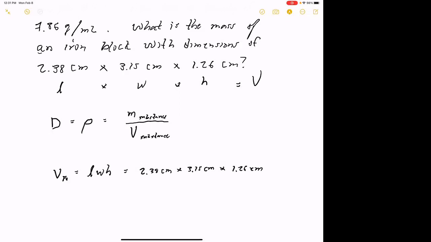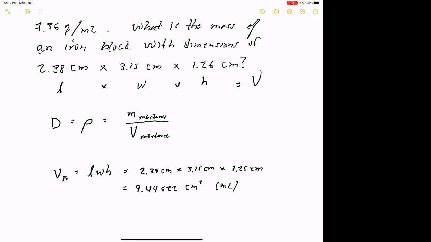So you can see what's going to happen. I'm going to get centimeters cubed out of this, which is a volume unit, which is the same as mils. When I do that, the calculator tells me it's 9.44, and I'll throw a few more digits in here, 622 centimeters cubed, which is the same thing as milliliters.